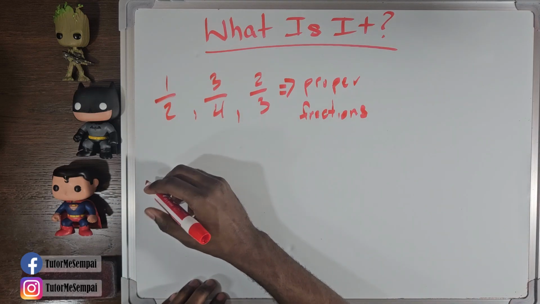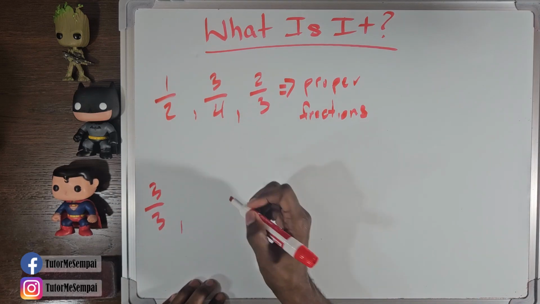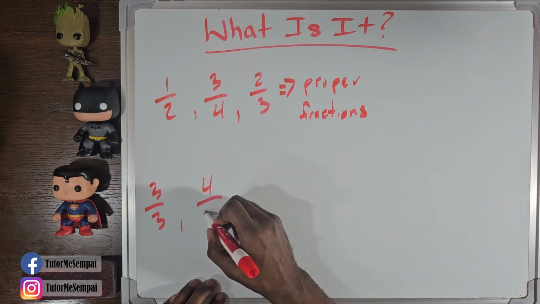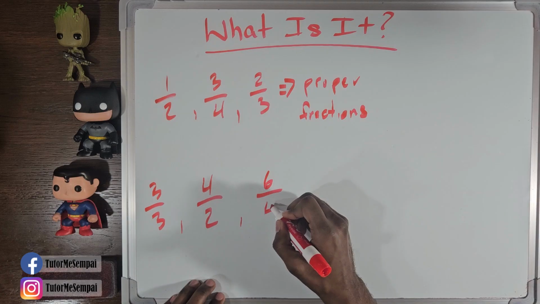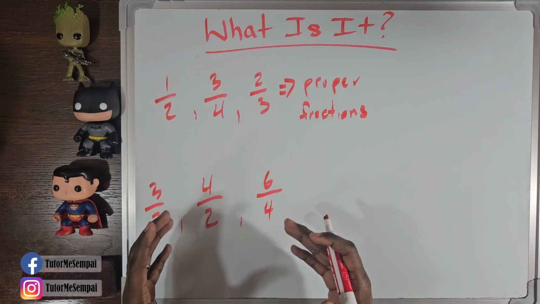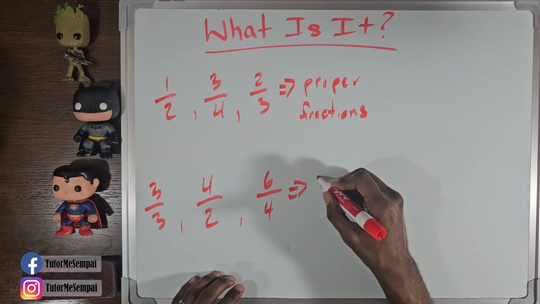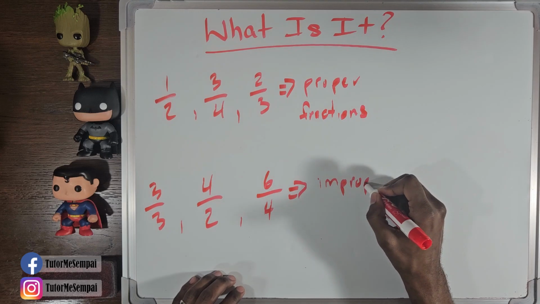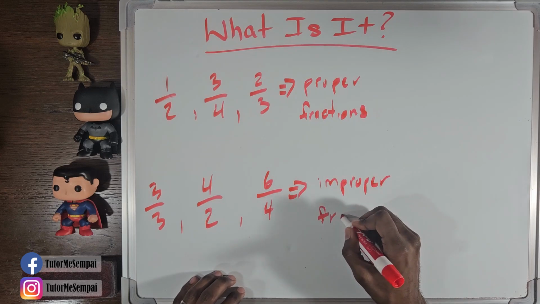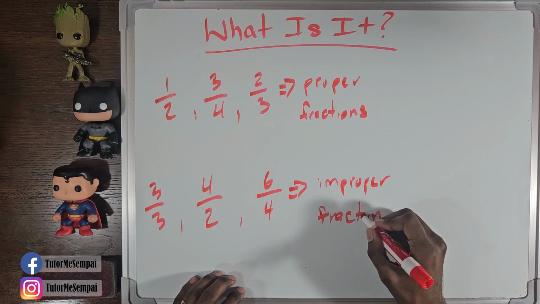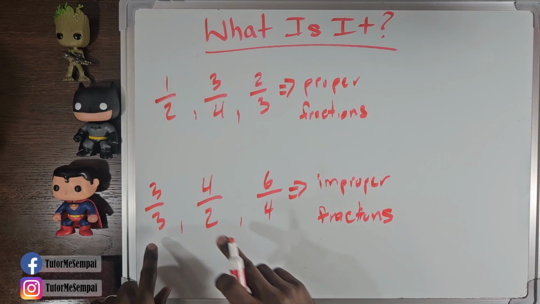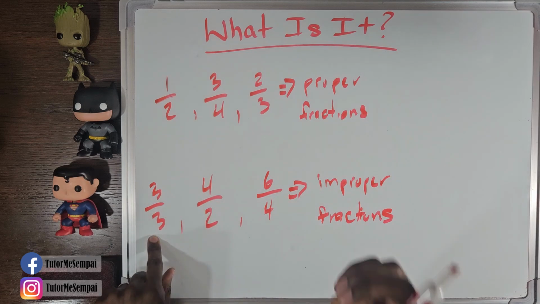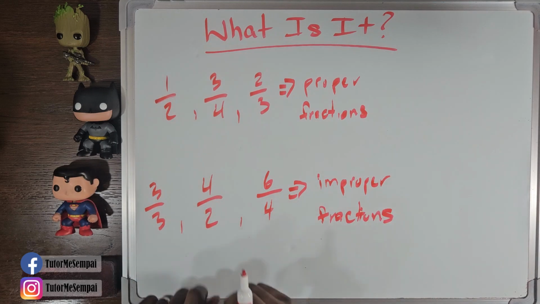So you have your 3/3, you have your 4/2, you have your 6/4s. These are going to be what we consider improper fractions. So improper fractions, your numerator is going to be either the same or larger than your denominator.